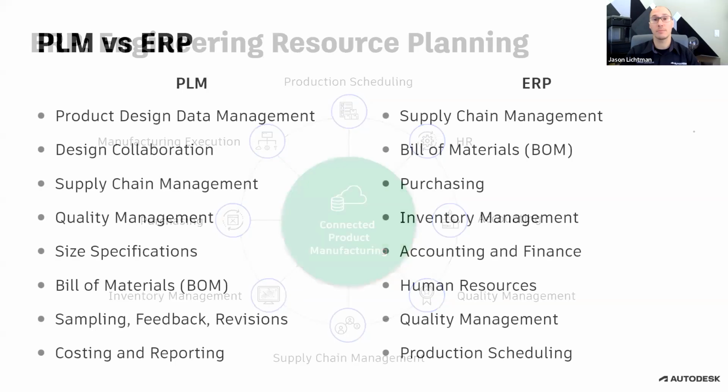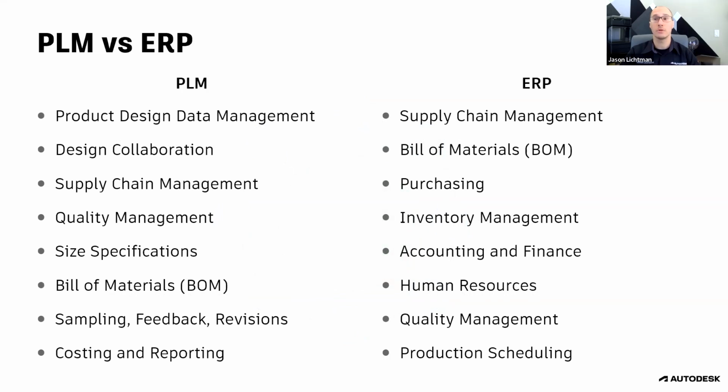So let's compare the two more directly. When it comes to the functions, PLM allows design teams to focus on the ideation, the innovation, and the development of the product. Whereas the ERP role is about executing that product and managing that production in a cost-controlled manner.